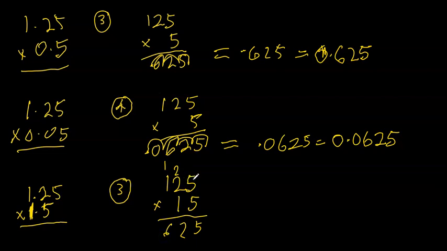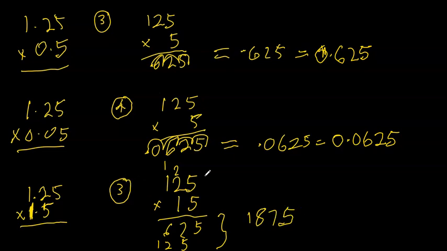And then we do 5 times 1 is 5. 2 times 1 is 2. And 1 times 1 is 1. So in the end, this is going to give us 1875.